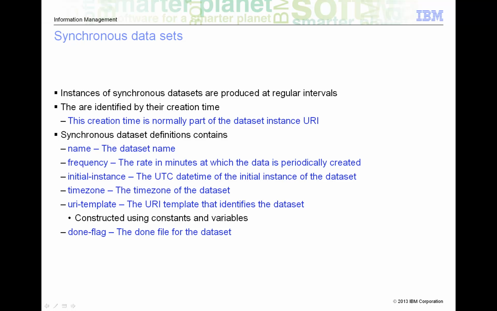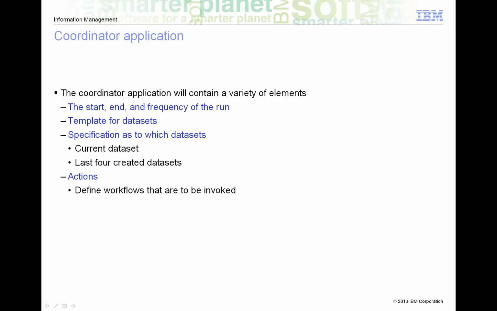The synchronous dataset definitions contain information such as dataset name, frequency of creation in minutes, date time, etc. The Coordinator app XML file has start, end, time zone, frequency of the run, which data sets need to be processed, for example the last 4 created, and workflows that need to be invoked.